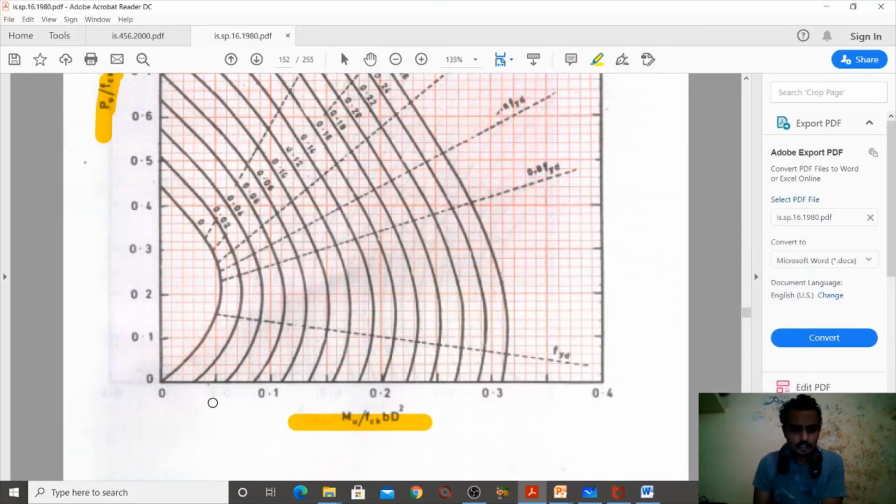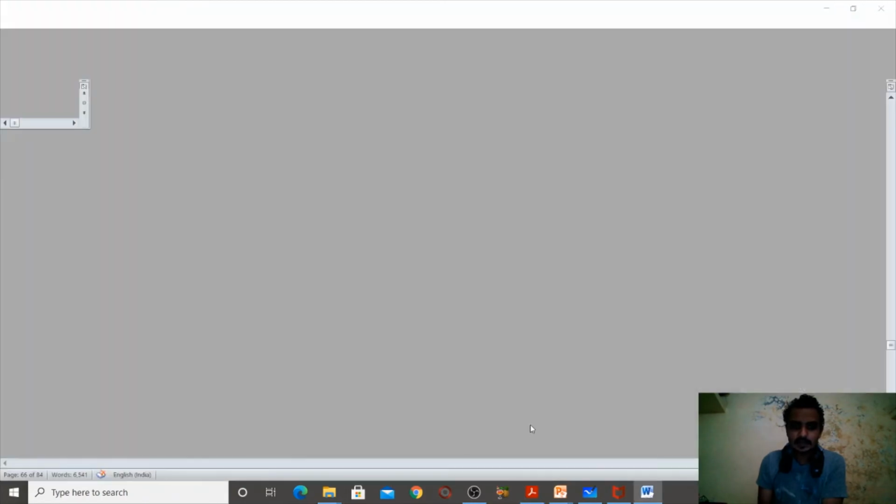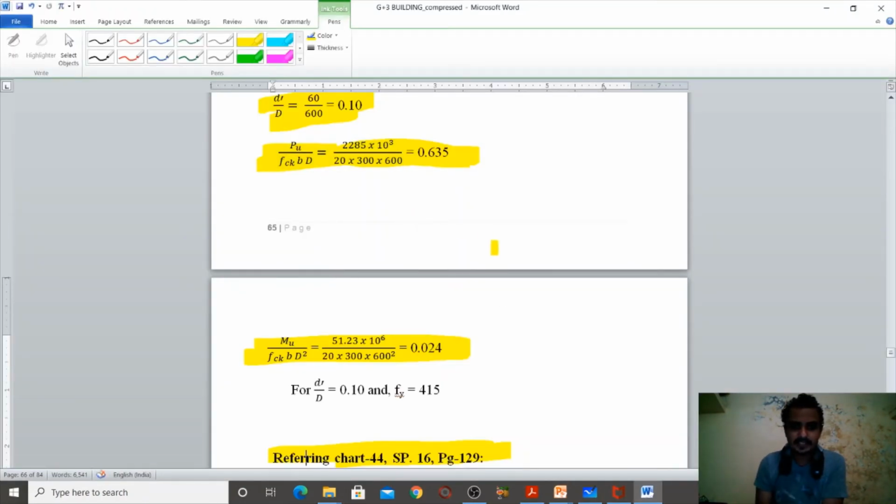Okay, 0.024 means here is 0 and here is 0.1, so in between we have 0.02. So the second rate is 0.02. And the PU value, PUFCKBD, is 0.635.